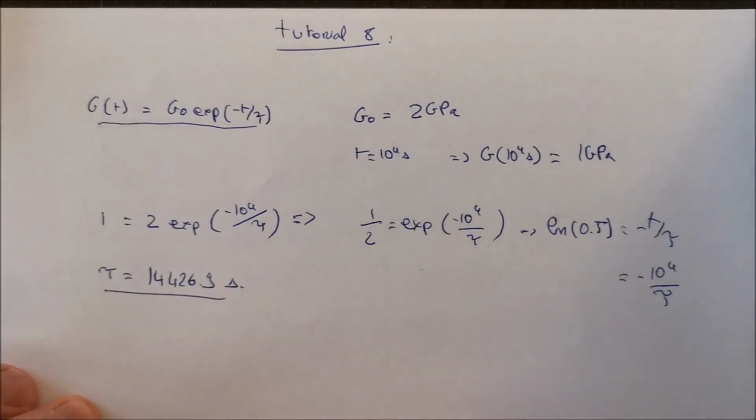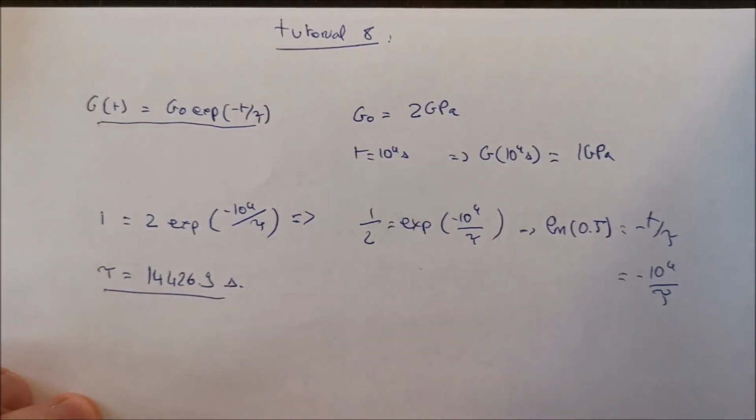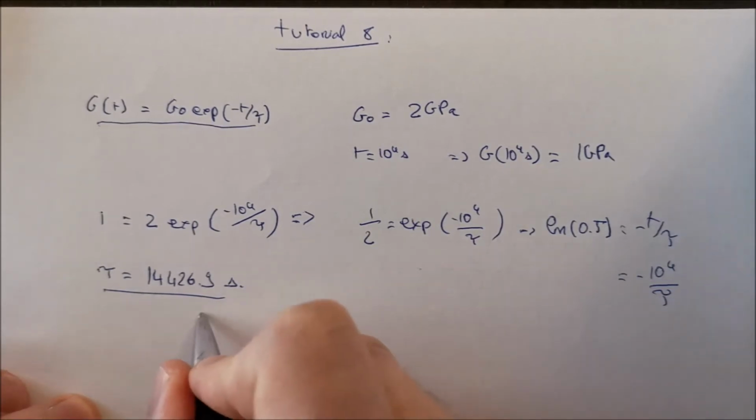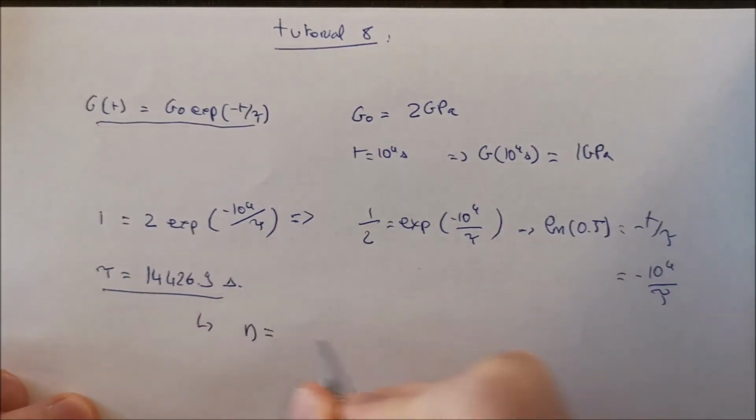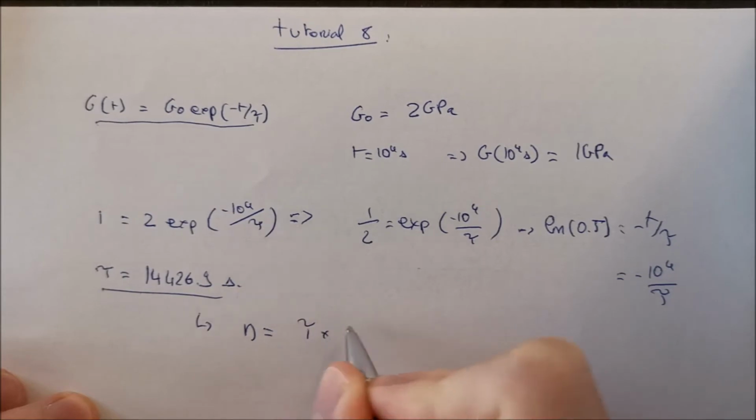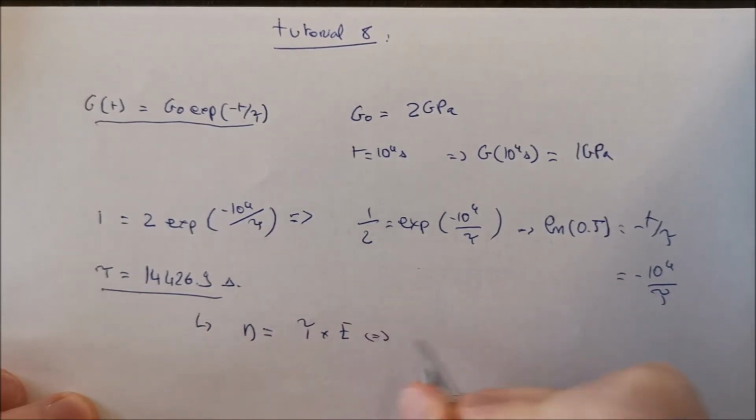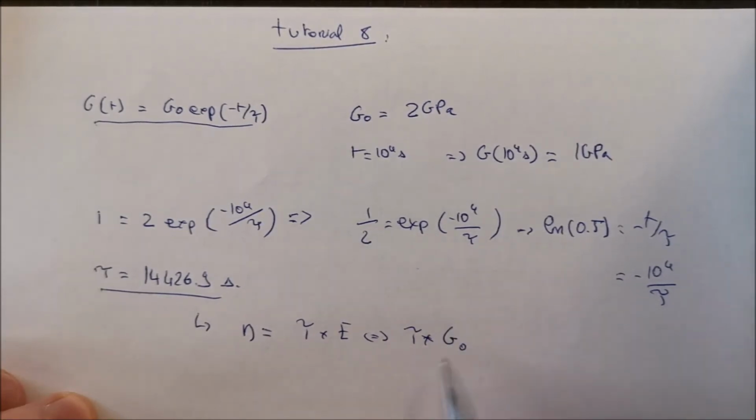So if we know the relaxation time for this biopolymer, we are able to calculate its viscosity. So the viscosity would be expressed as, all right, or you can just rewrite this as follows, right? At time equals 0.